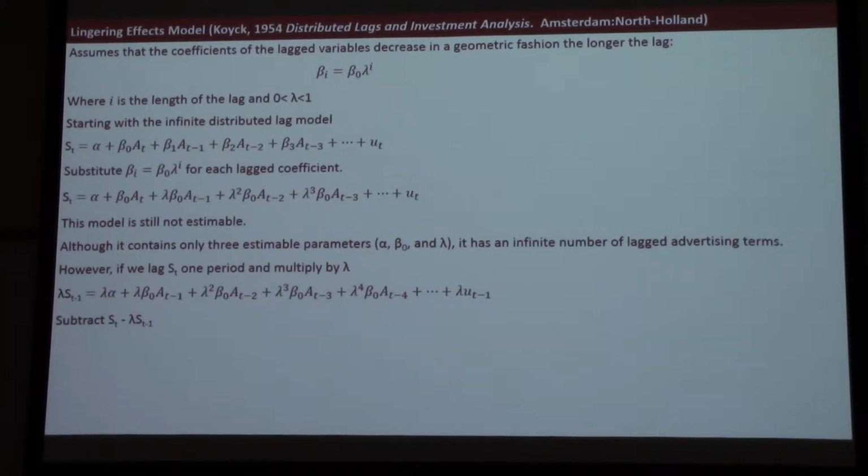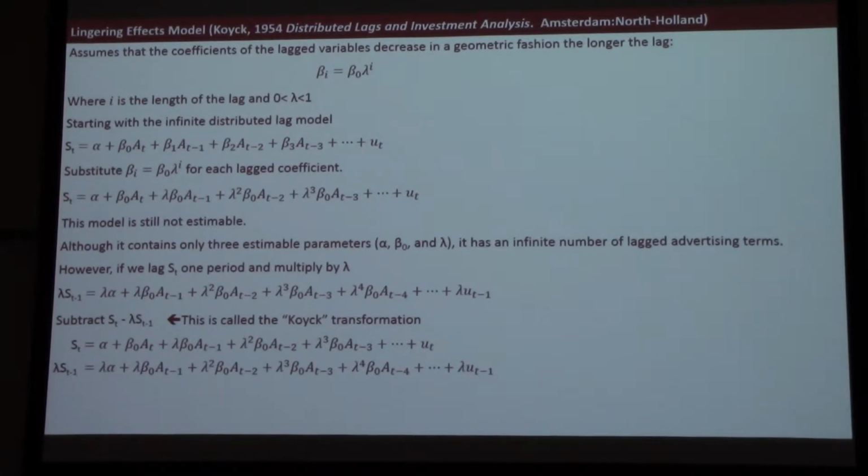Then he subtracts this from this, which he conveniently calls the Koyck transformation. So that's S_t. He subtracts S_t minus 1.